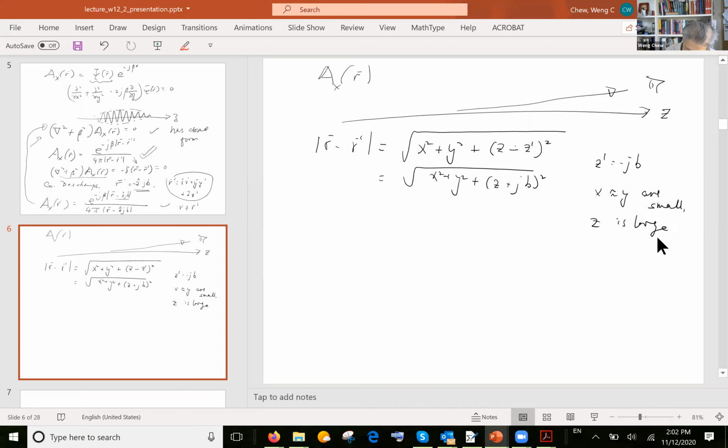So if I put my observation point over here, I'm going to make z very large and x and y very small. And I'm going to do a Taylor series approximation of this. I'm going to take this large term outside. And then what I have left inside is 1 plus x squared plus y squared over z plus jb squared.